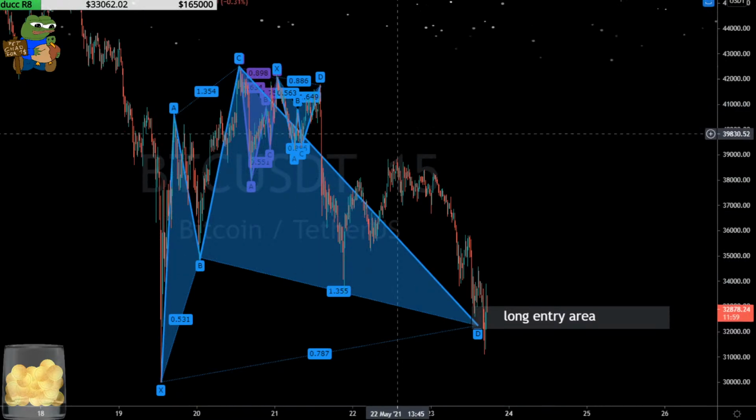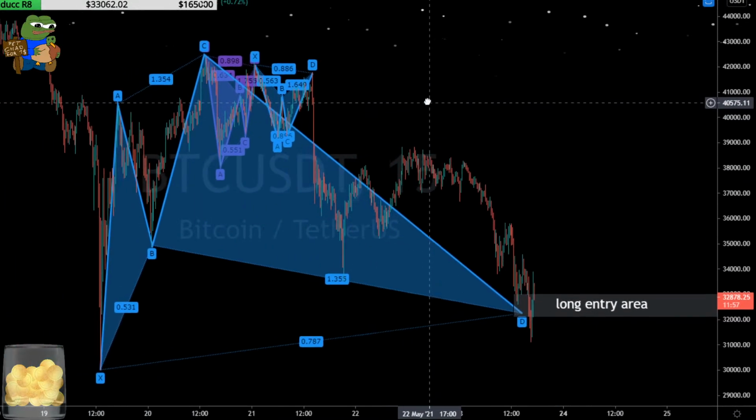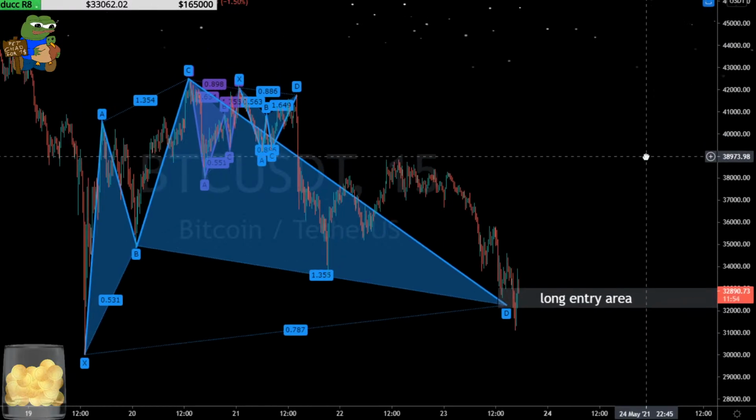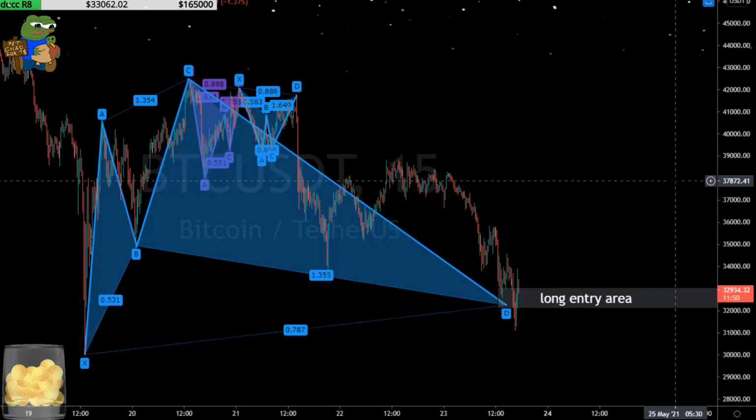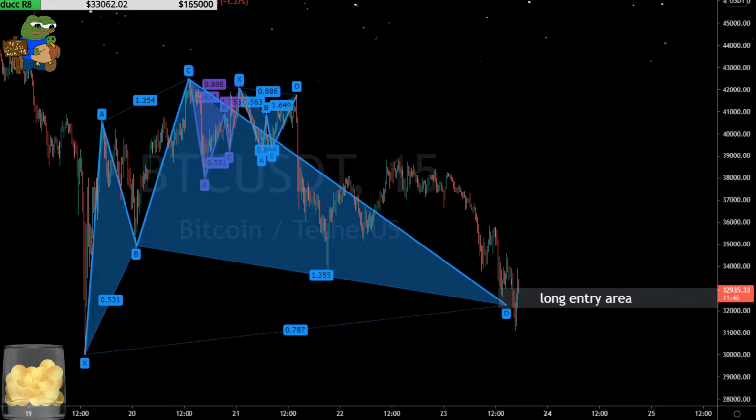Still kind of low time frame view here as we've been approaching and entering our zone. So it appears we basically have two scenarios, and this often happens.